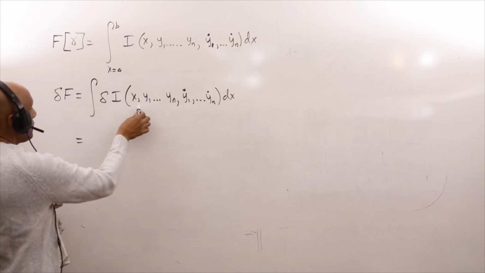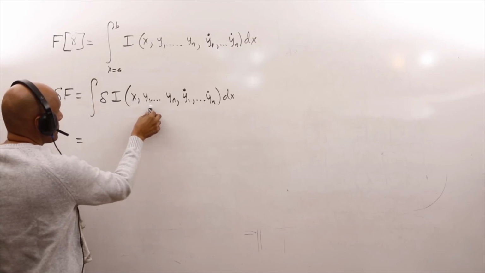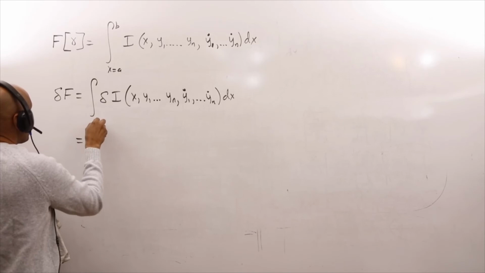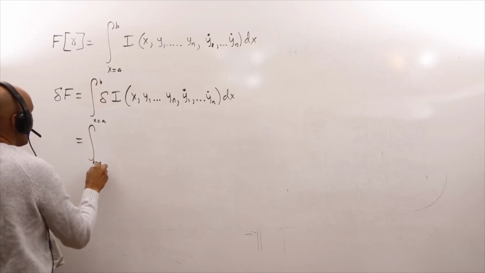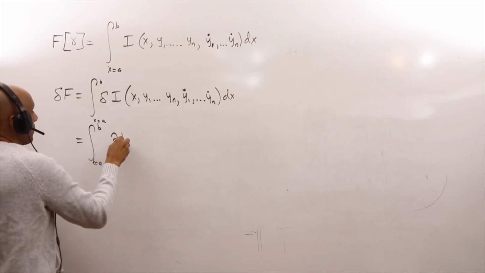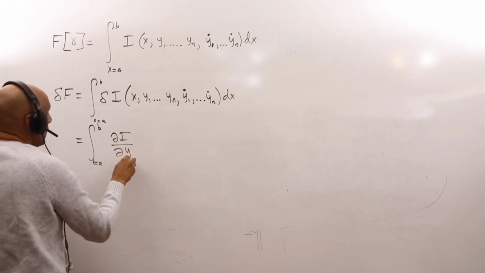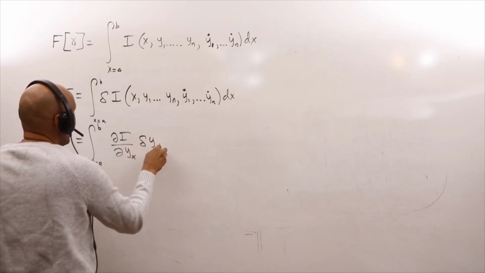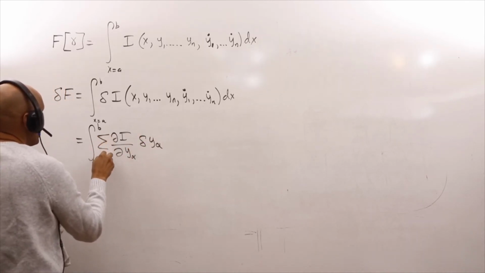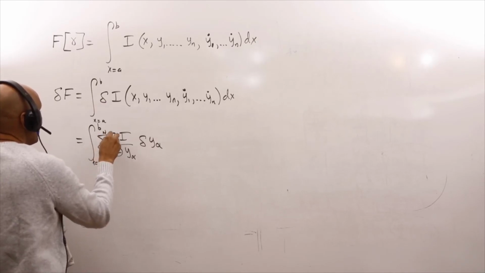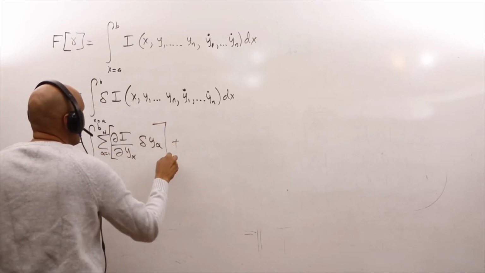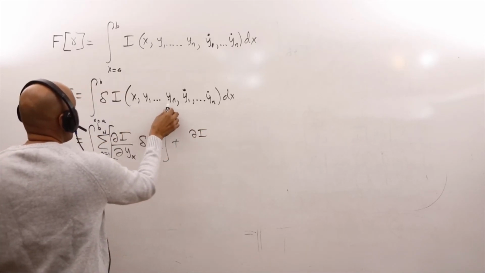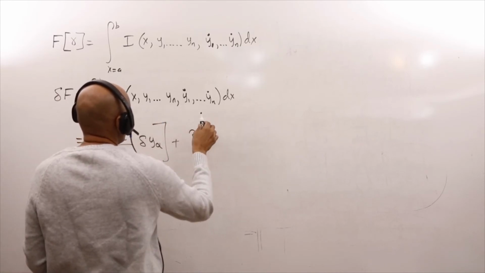I know I can use the chain rule, but remember, x does not change between the curves, so we're left with, oh, I forgot my a to b, the partial of f with respect to y alpha, times the variation of y alpha, and there's a summation symbol here, alpha taken from 1 to n. Then we also have the variation of f, so remember the independent variables are x, y1, all the way up to yn, and yn dot.